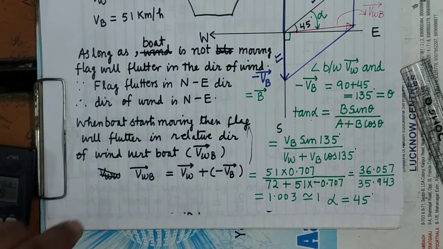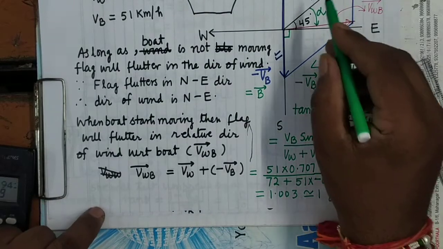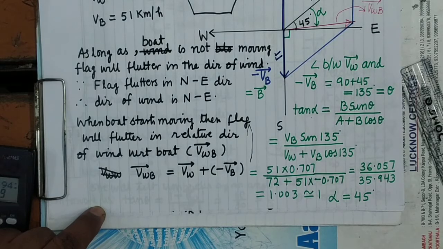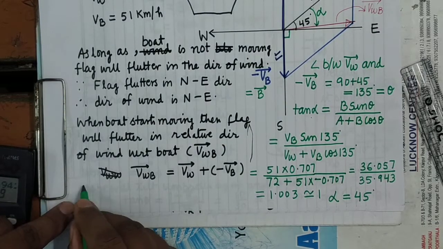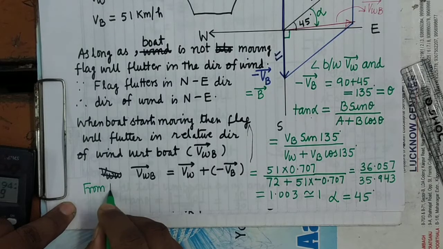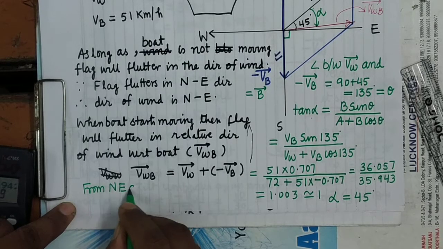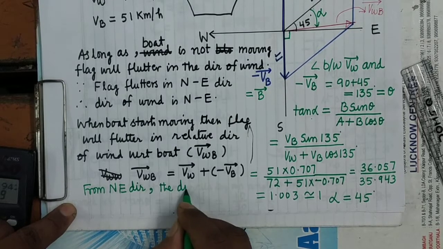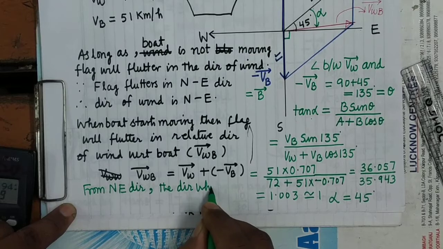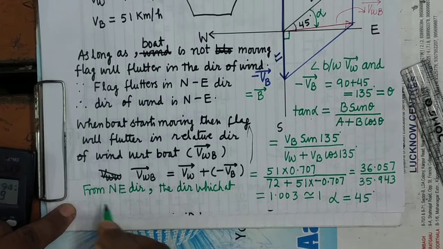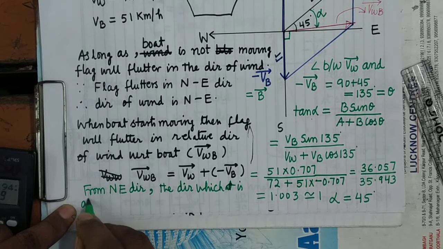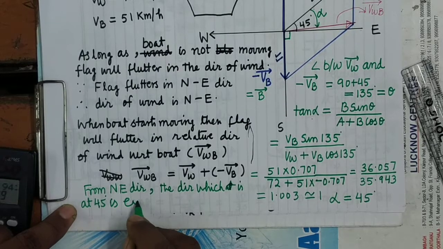So see here, alpha is 45 degree, means from northeast direction, which direction is at 45 degree? It is east direction. It is clear? So from northeast direction, the direction which is at 45 degree is east direction.